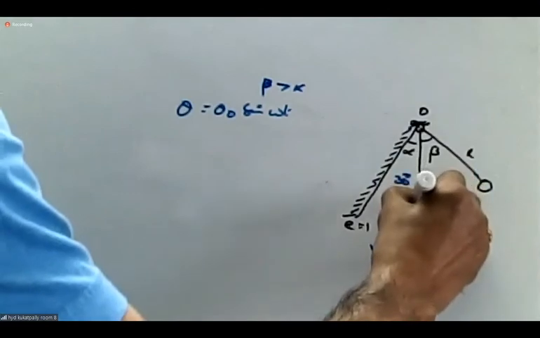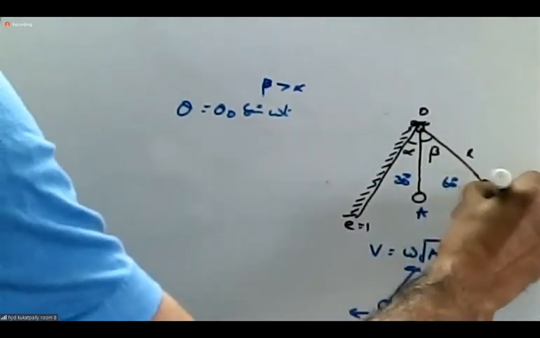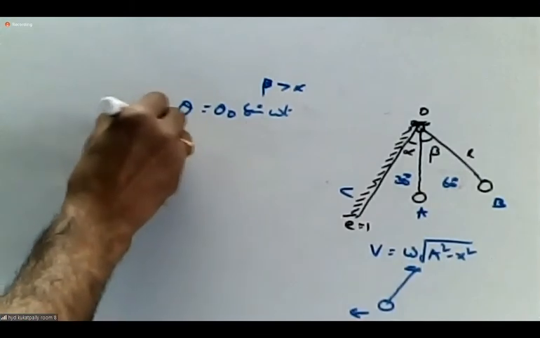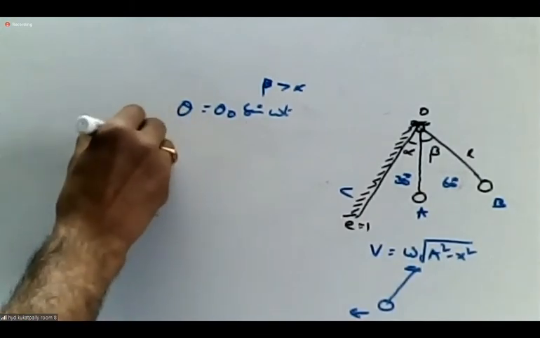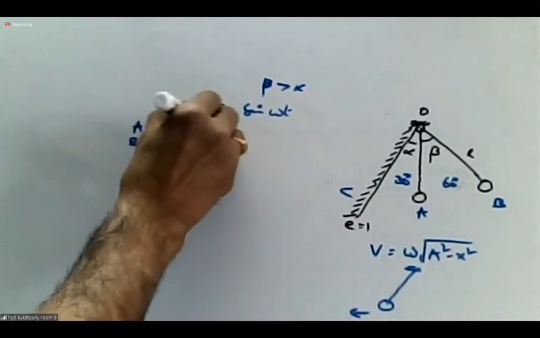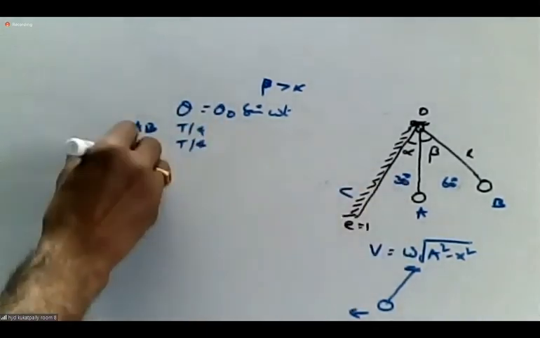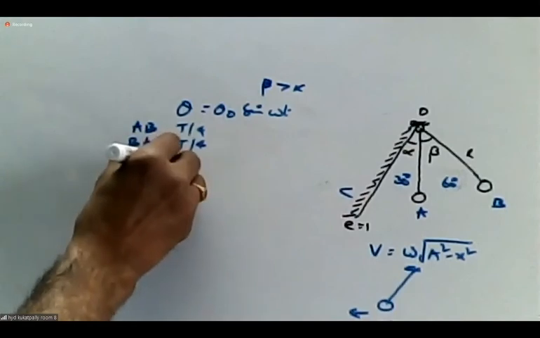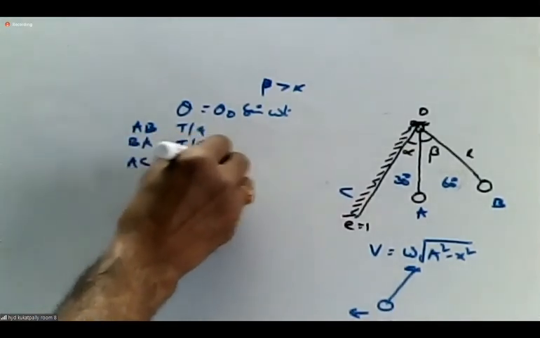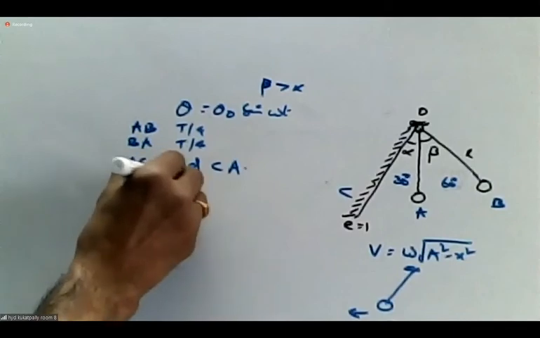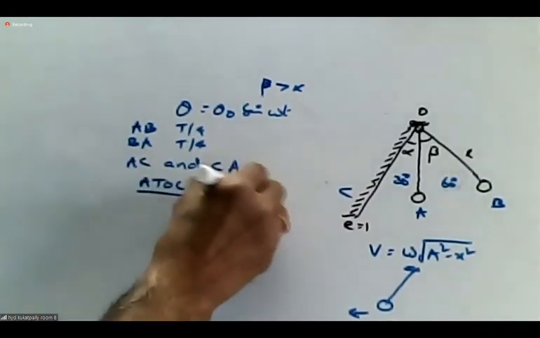This point A, B, C. A to B, B to A: T by 4, T by 4, no doubt. But A to C and C to A, the time will be different. It is not T by 4. What to do? A to C time, call it small t.